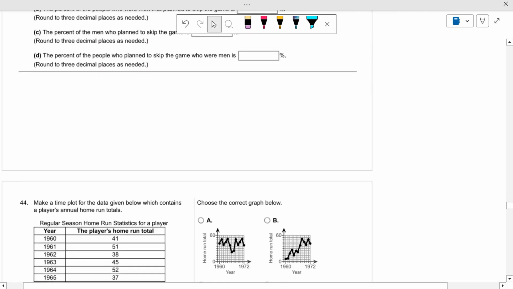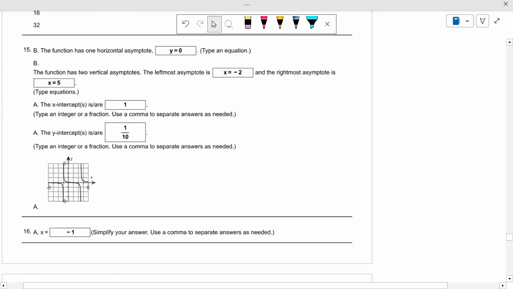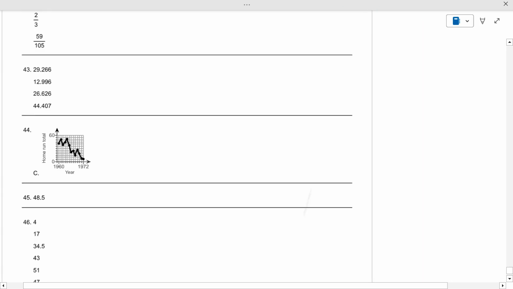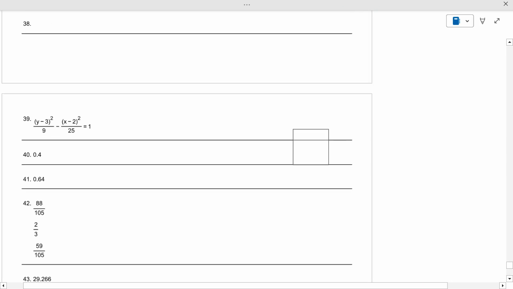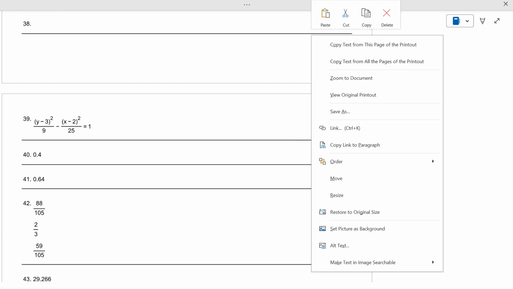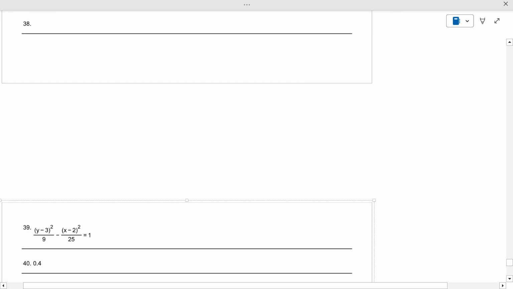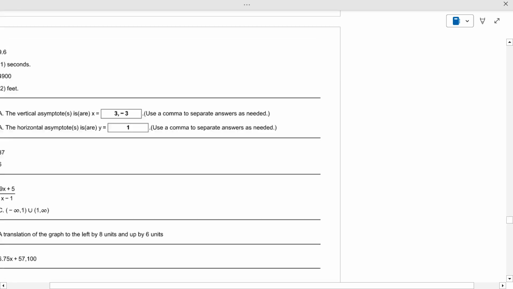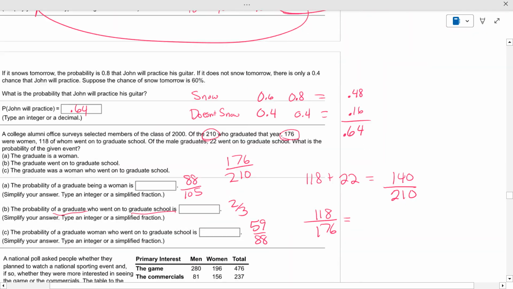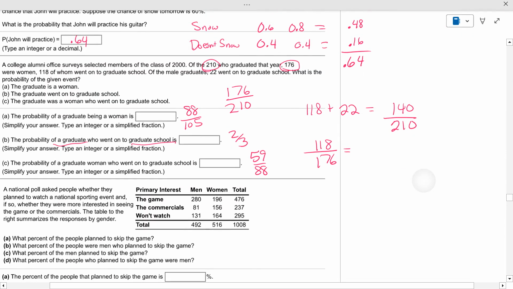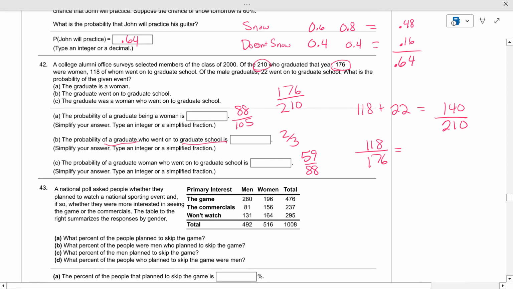Okay, and I think those should all be correct, right? I'm going to double check the math. 59. No, it says 105. Why would it say 105? The probability of a graduate woman who went on to graduate school.